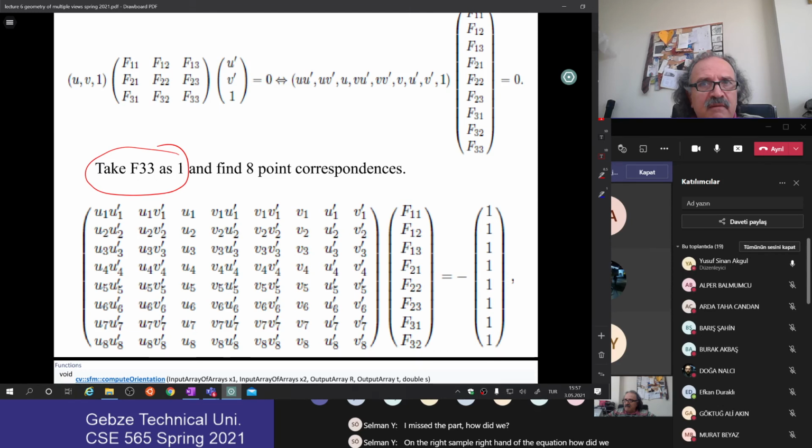How do you calculate the essential matrix from the fundamental matrix? Remember, essential matrix is TXR. Fundamental matrix is K minus T, TXR, and K minus 1 prime. Okay, like that.